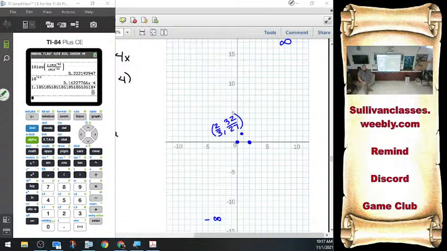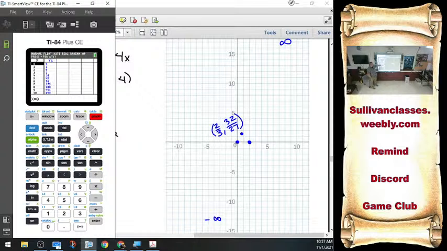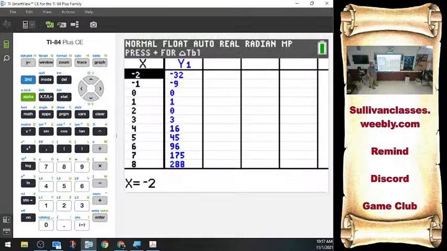Wait. Maybe. So, come up from down. How far out should I go? Not far. Maybe I could go to my table and find out a couple other points.